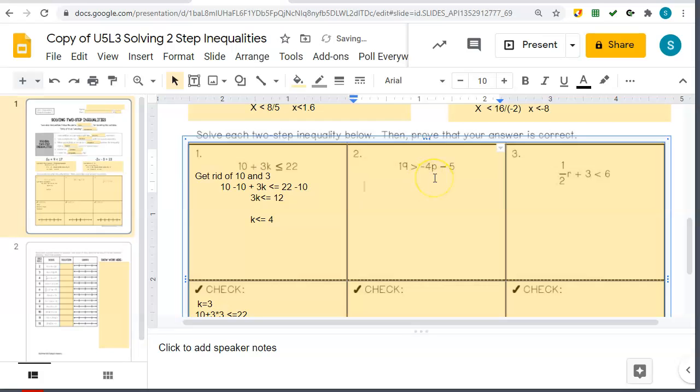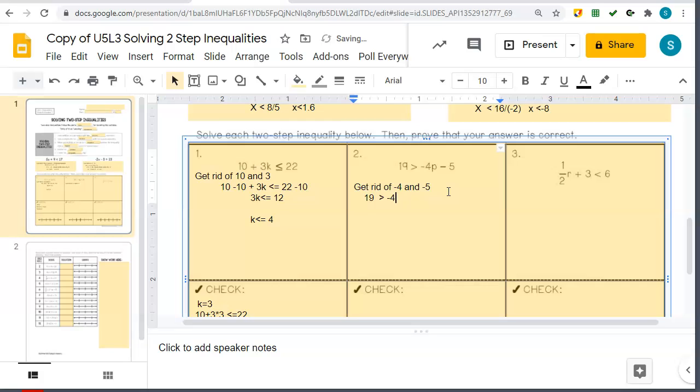So here we want to get rid of the negative 4 and negative 5. Okay? We want that p by itself. The minus 5 is last, so we're actually going to start with our 19 is greater than negative 4p minus 5.